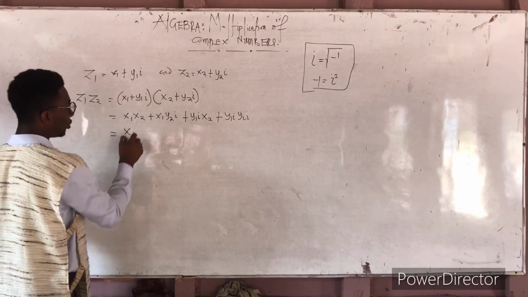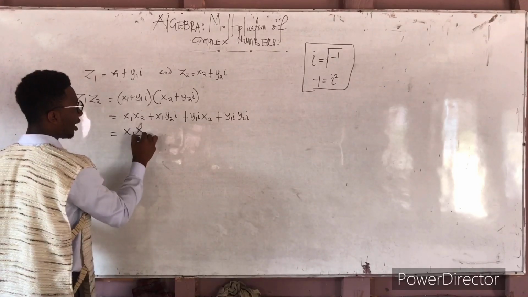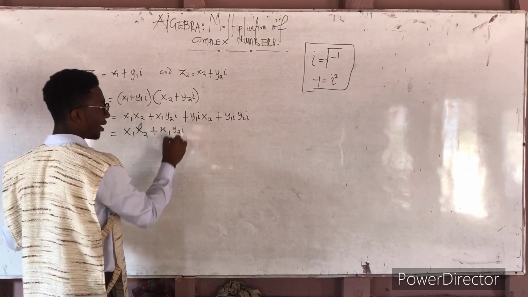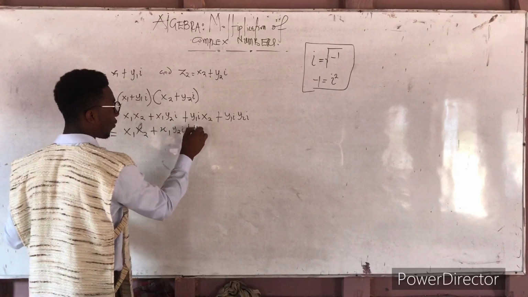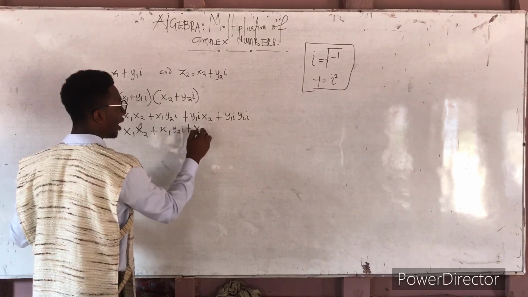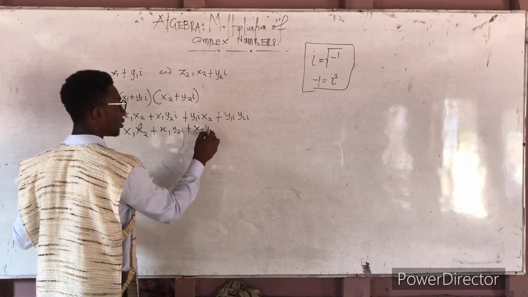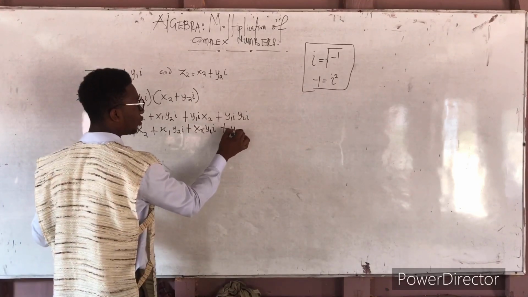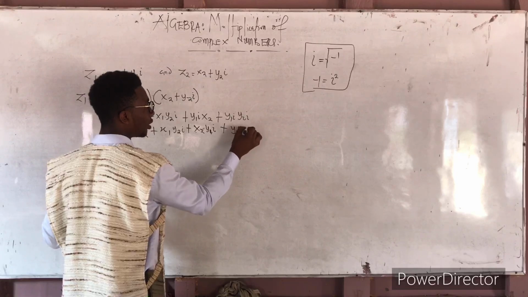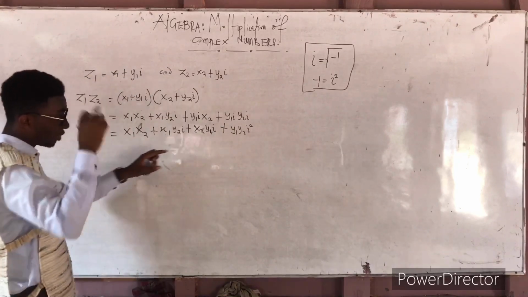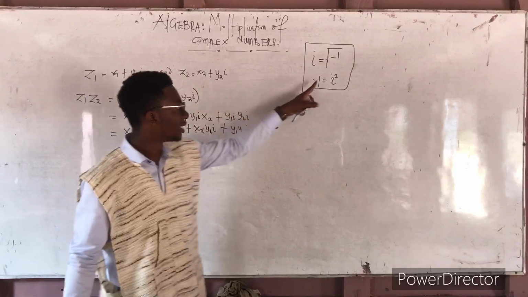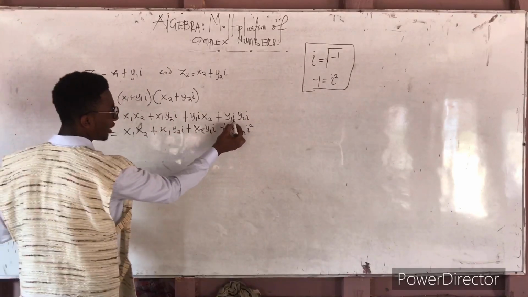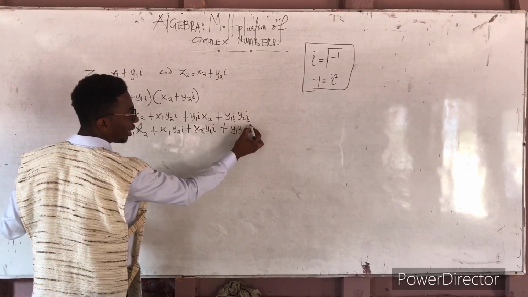When we simplify this, we get X1 X2 plus X1 Y2 i plus Y1 X2 i, and plus Y1 Y2 i squared. But take note that we said i squared is equal to what? Negative 1. It's i squared because of this i and i, so it becomes negative 1.